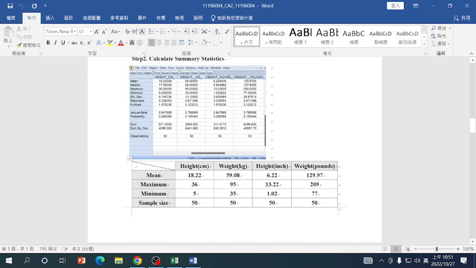Height in inches: mean 6.22, maximum 13.22, minimum 1.02. Weight in pounds: mean 129.97, maximum 209, minimum 77, sample size 50. I did not find the maximum and minimum for gender.